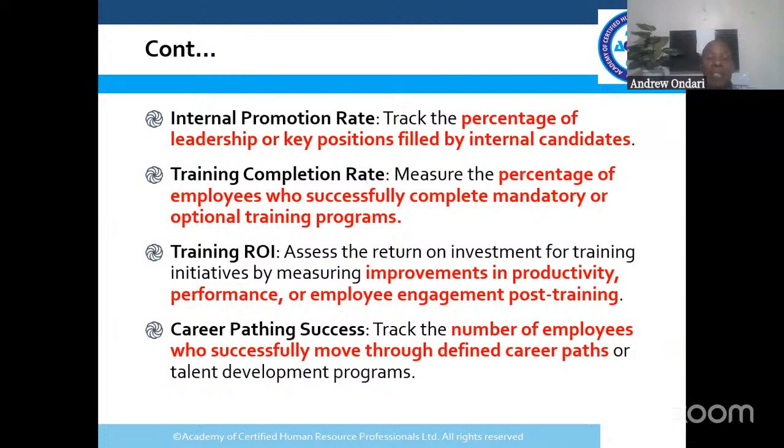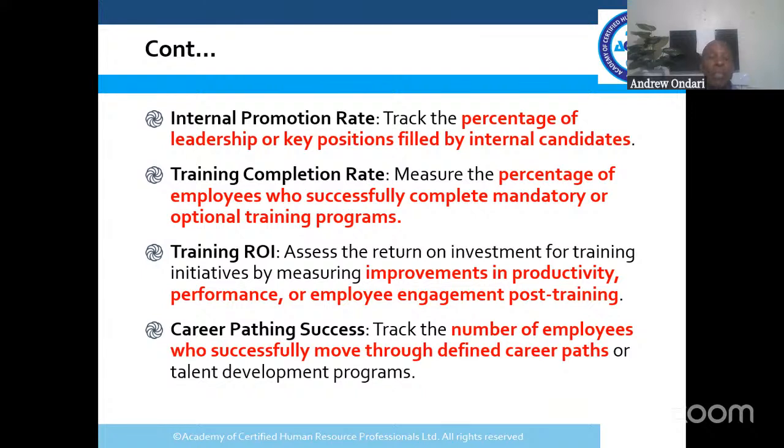But if the success rate is low, then it means that there are several gaps in our talent development, particularly in career. One, probably there is no career guidance and counseling. That's why it is failing. Managers and guidelines on where employees who have been trained can develop their careers in.